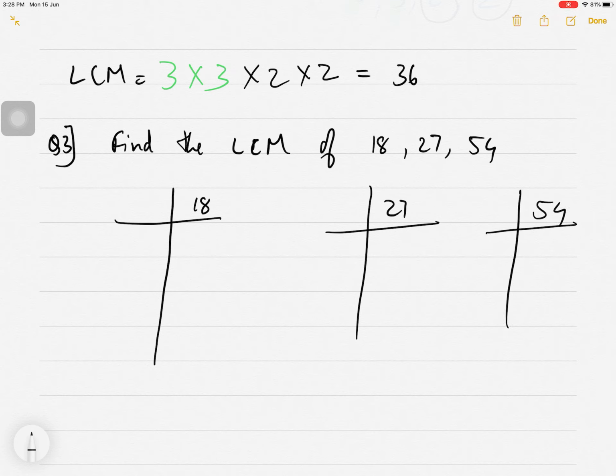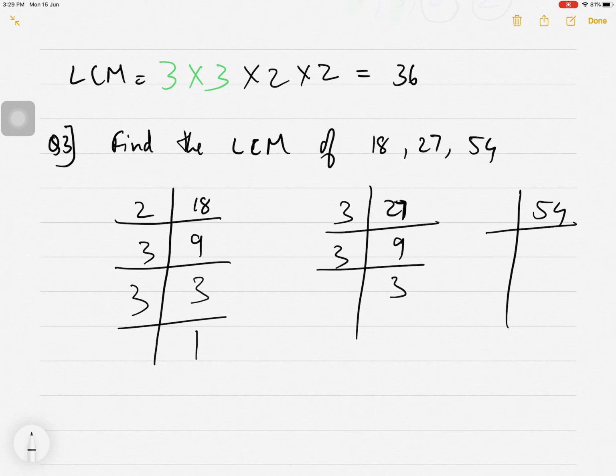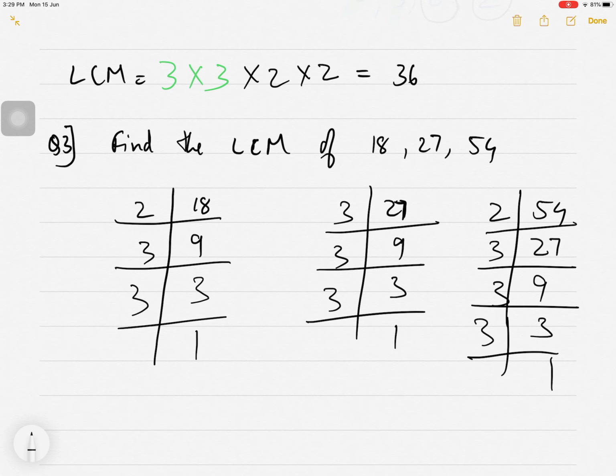Okay. 2 9s are 18, right? 3 3s are 9, 3 1s are 3. 27. 2 is not divisible. So 3 9s are 27, 3 3s are 9, 3 1s are 3. Right? 54. 2 27s are 54. Okay. 3 into 9, 3 3s are 9, 3 1s are 3.